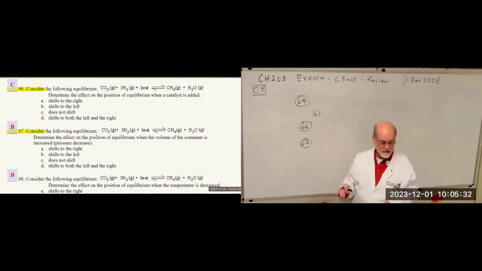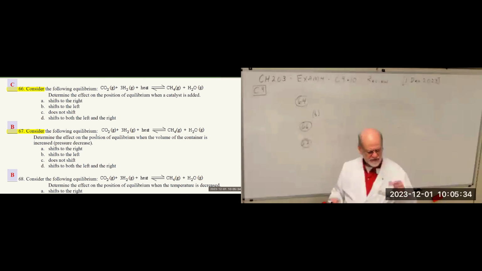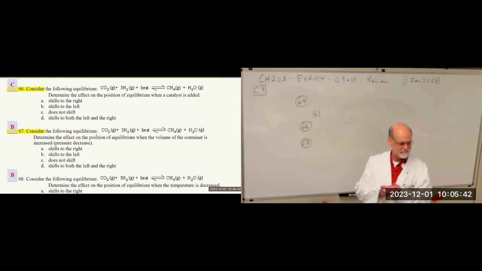With 66, determine the effect on the position when a catalyst is added. What happens to the equilibrium when you add a catalyst? Nothing. It just happens faster, right? So it does not shift.